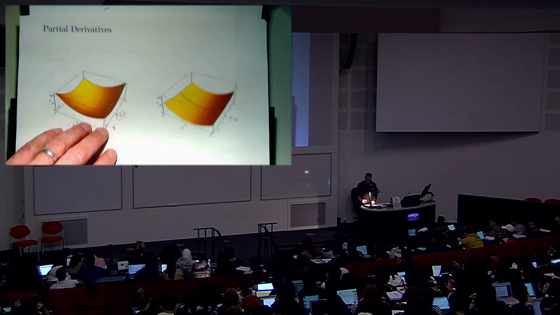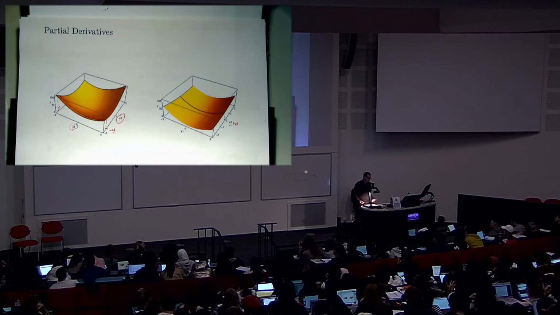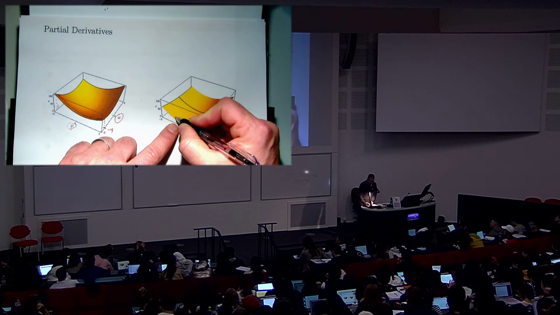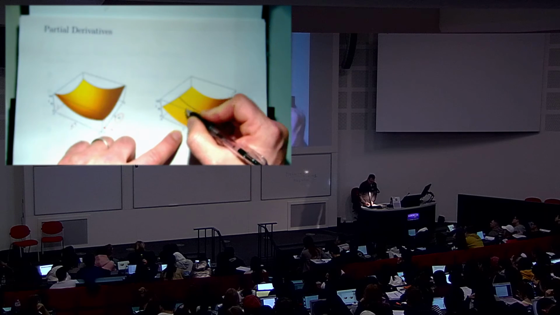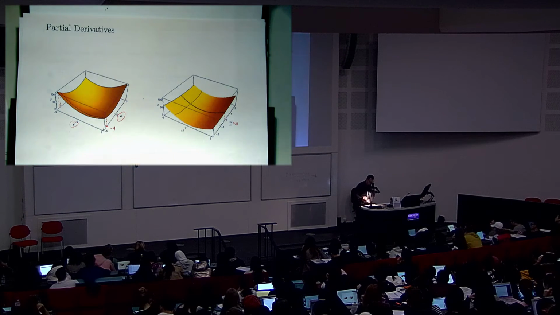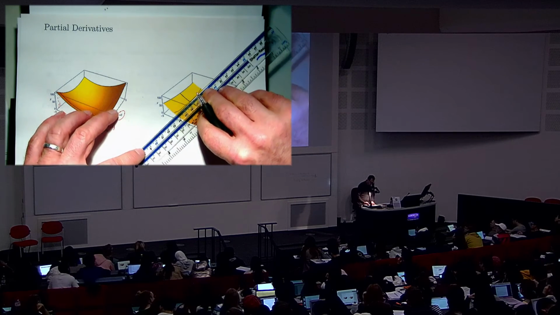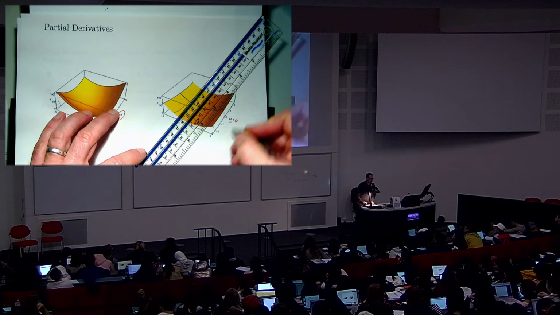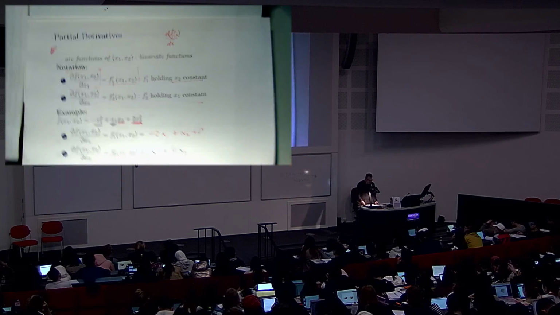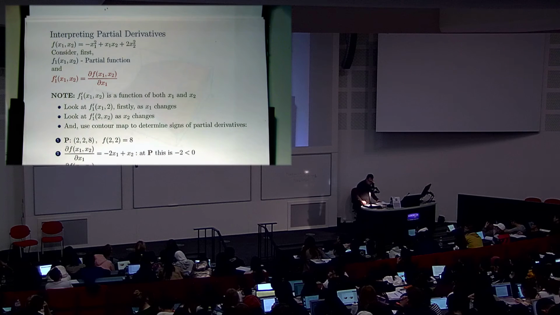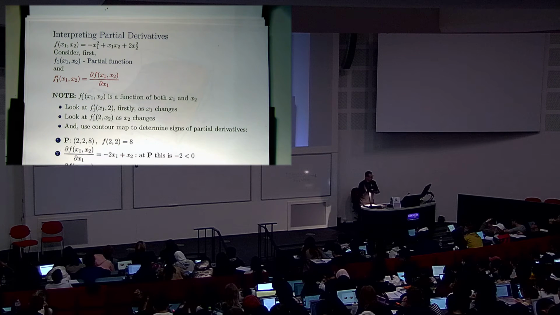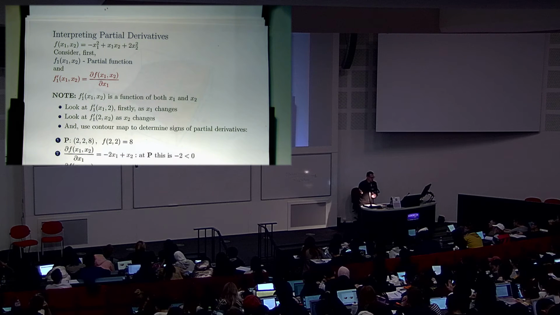Okay? And you can immediately realize if we are looking at a partial derivative with respect to x2, then we are in our mind fixing x1 at a particular value. Let's say this value, and then we are looking at the slope of this partial function in the x2 direction. Okay? So what the partial derivatives give you are basically the slopes of a function in a particular direction.